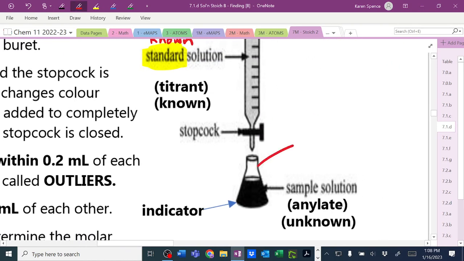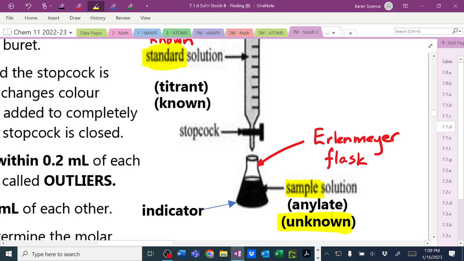What's this doodad called? That piece of equipment there. Erlenmeyer flask. Remember, it's the one that has all the E's in it. Every single vowel is an E. Erlenmeyer flask. And in our Erlenmeyer flask goes the sample solution, which is also the unknown.